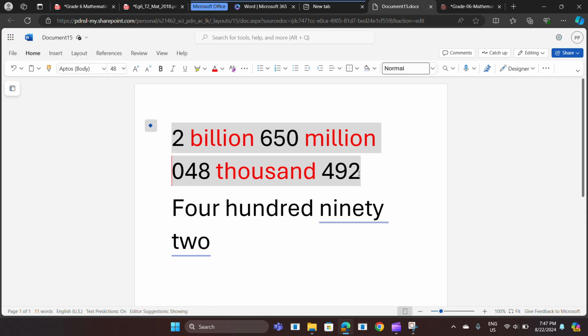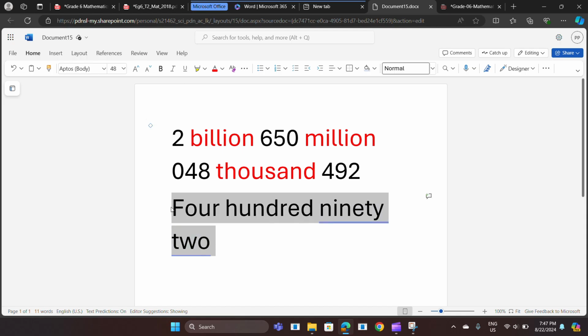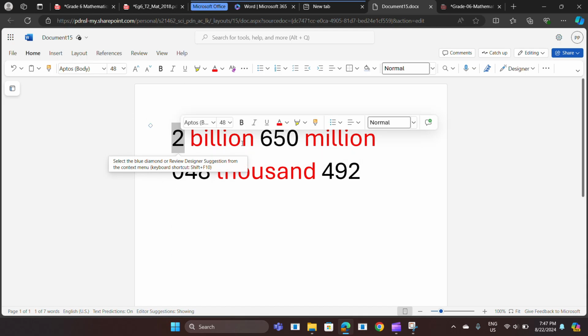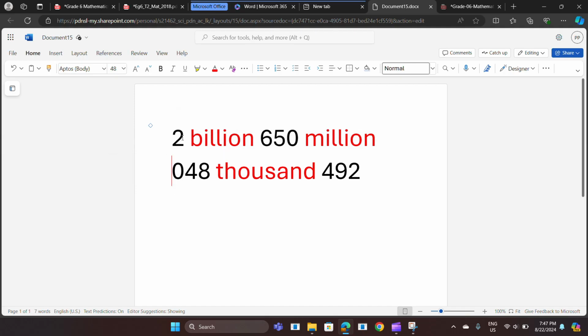Okay, is it clear? We read it like this. You know how to read these numbers, no? 2 billion, because it is the fourth section in our number.